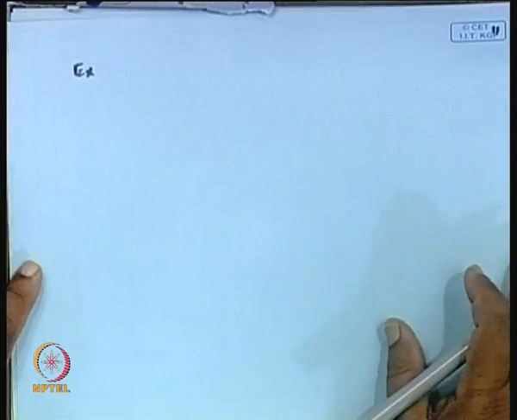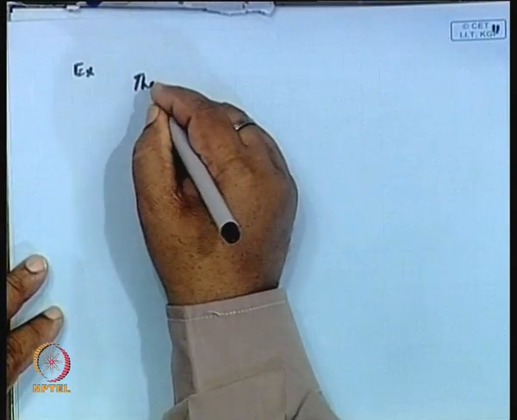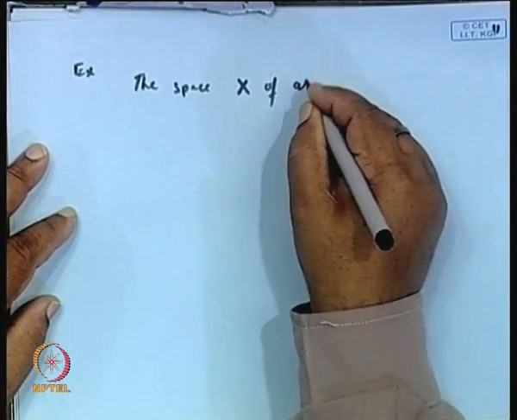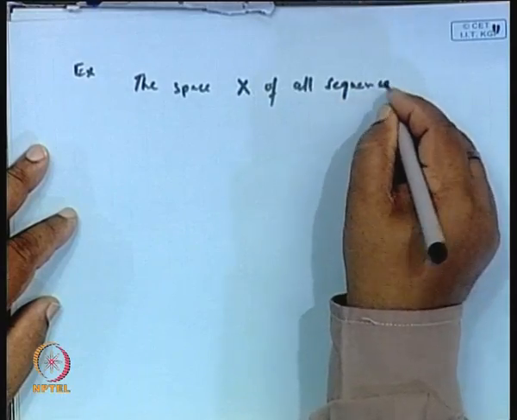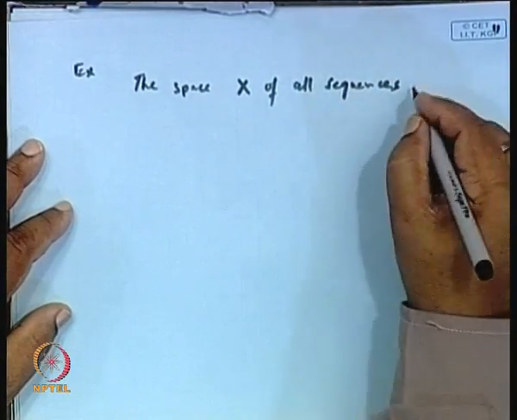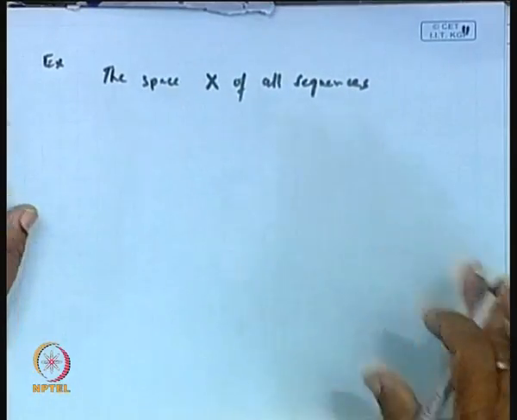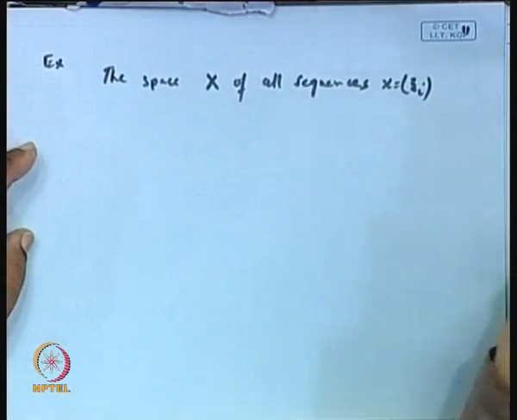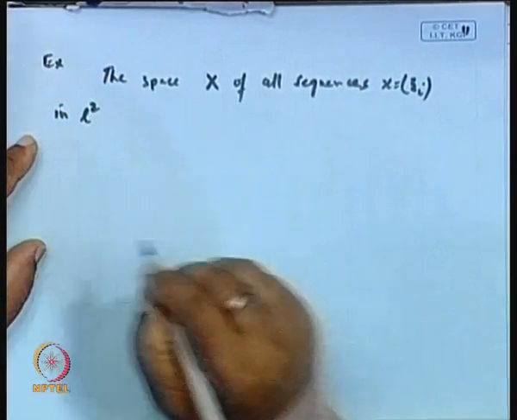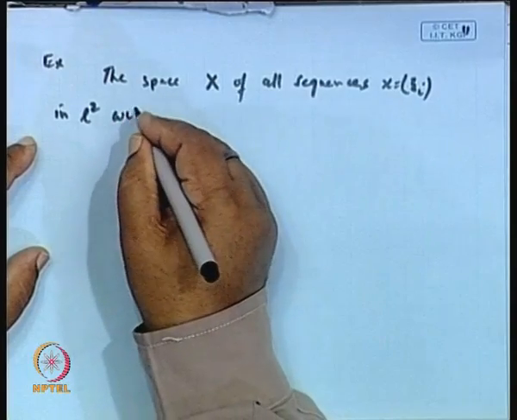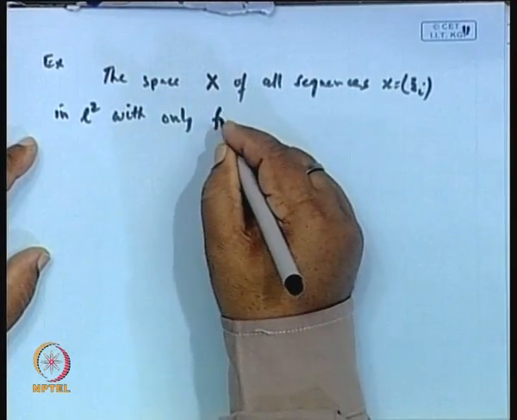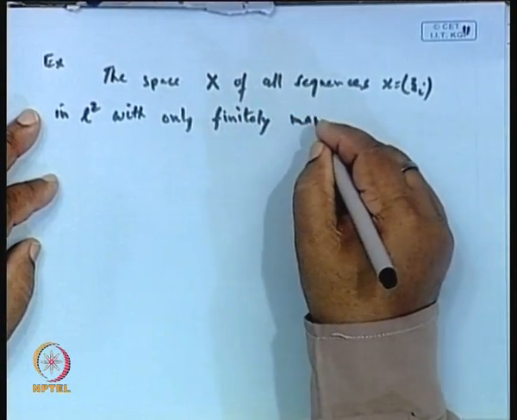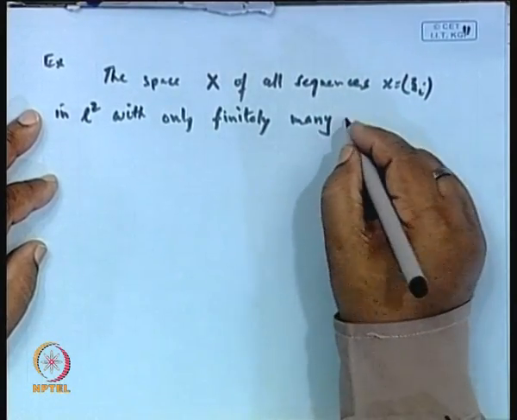Suppose we have the space X of all sequences x = (xi_j) in L2 with only finitely many non-zero terms.